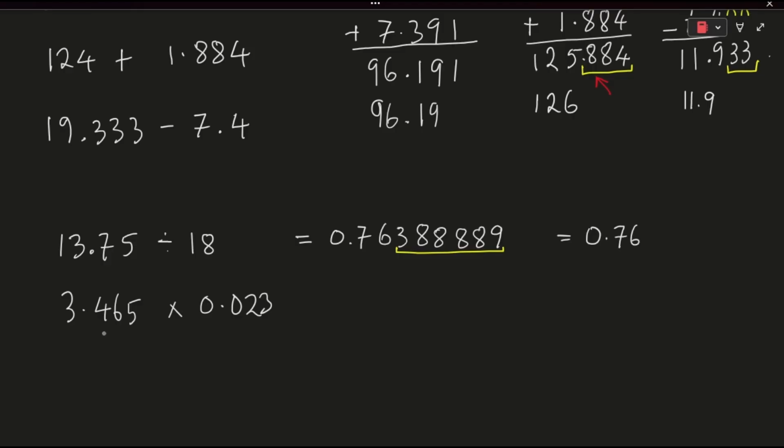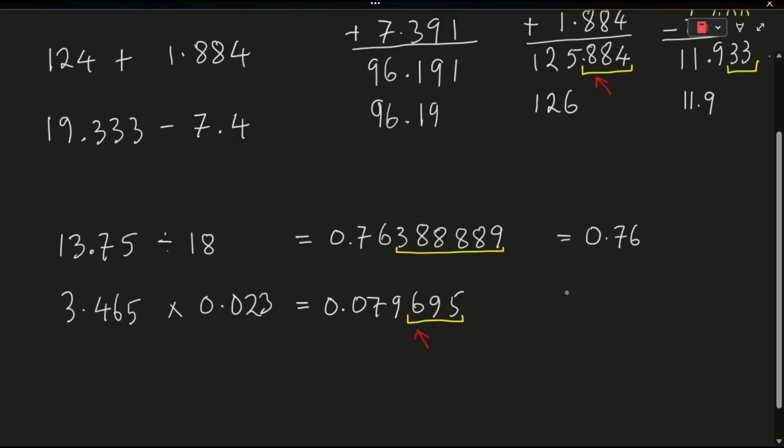Now 3.465 has 4 significant figures. 0.023 has 2 significant figures. And here again, this number has the least number of significant figures, and so our answer should be left in 2 significant figures. Now when we do the math, we're going to get, so we need to remove this number of digits, but the first digit to be removed is greater than 5, and when it so happens, we're going to add 1 to the digit to its left.